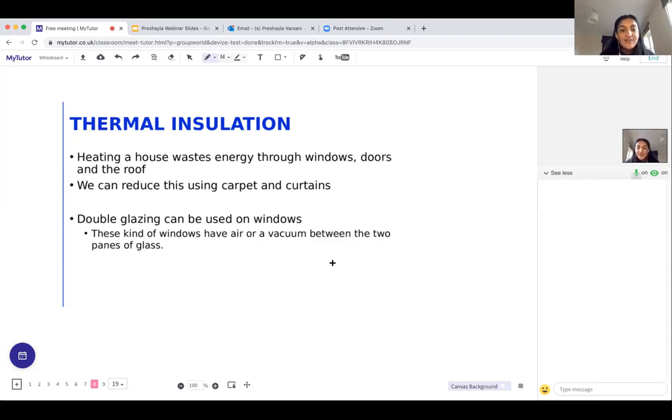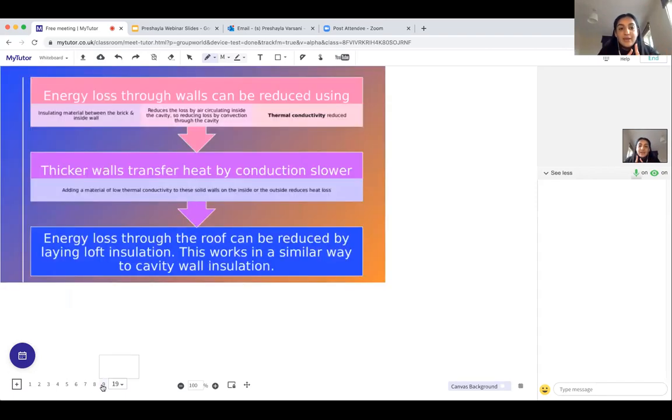They have 2 panes of glass, one on the inside and one on the outside. And between that, we have a little pocket of air or a vacuum between the 2 panes of glass. Now that's really useful to us because the air going through there is insulated. Air is a poor conductor.